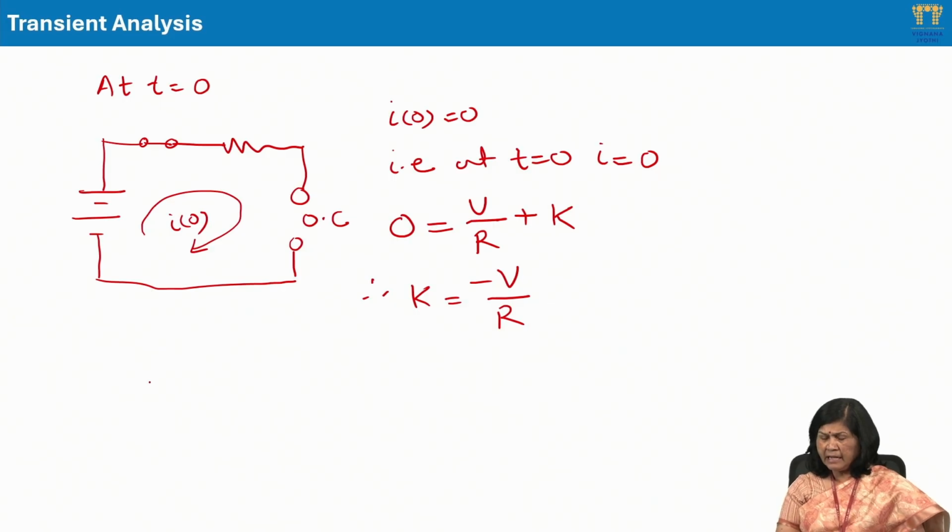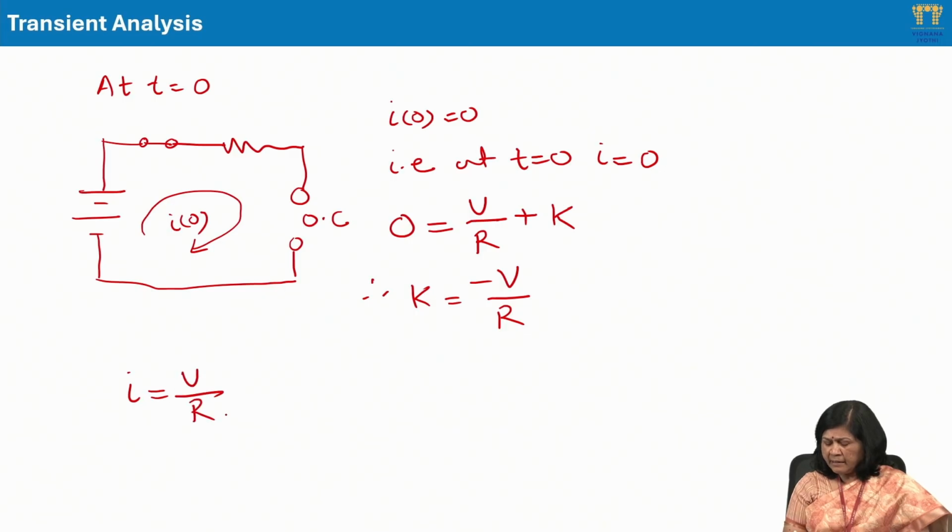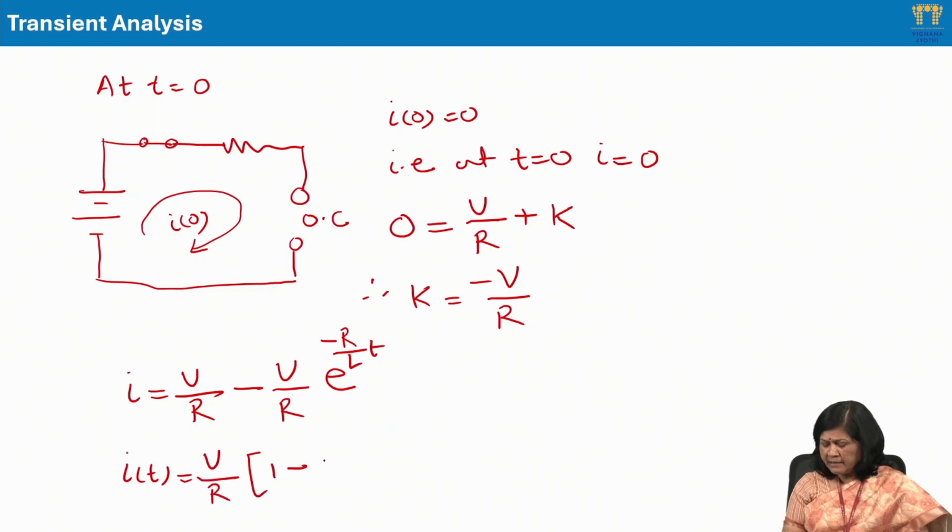So in this expression, I find the current as i equal to V by R minus V by R e to the power minus R by L into t. I can simplify this, as current is a function of time because I am having an exponential term, so I get V by R into 1 minus e to the power minus R by L into t.